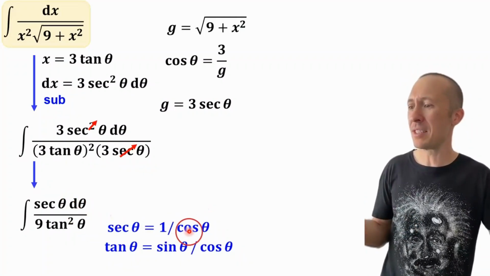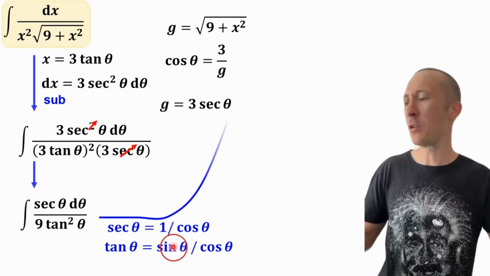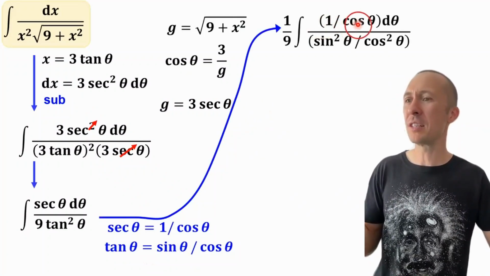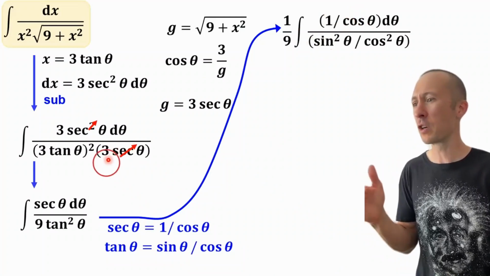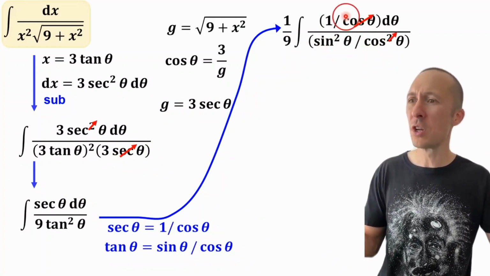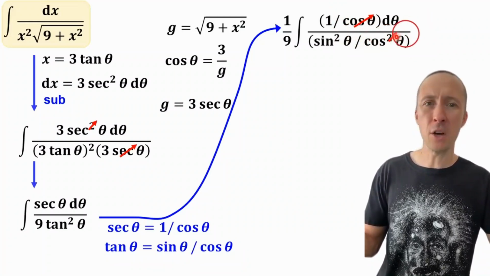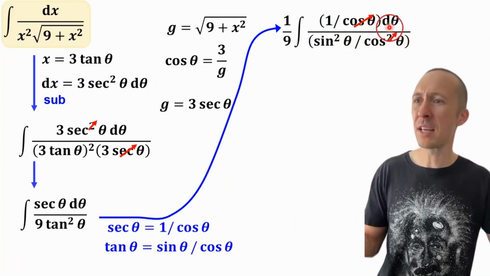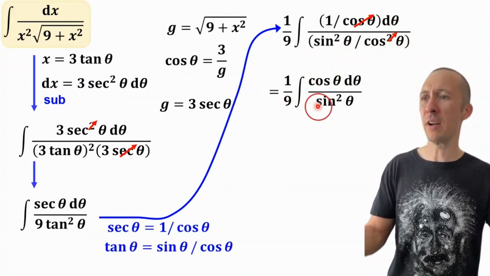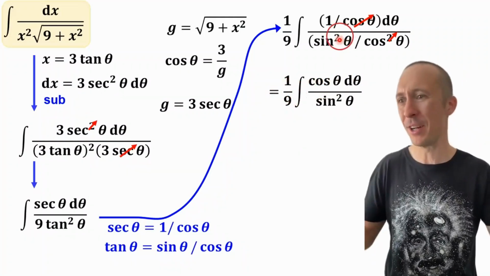So I converted secant theta back to 1 over cos theta, tan into sine over cos, and with the substitution, this is what we have here. 1 over cos is secant, tan squared is sine squared over cos squared. So one of these cancels. We can multiply top and bottom by cos so that this bottom cos cancels, but we still get a cos in the numerator right here. Or you can think of it as keep, change, flip, some people call it.